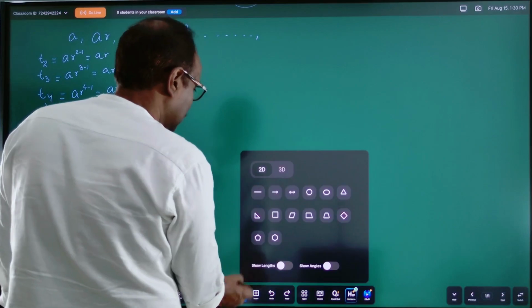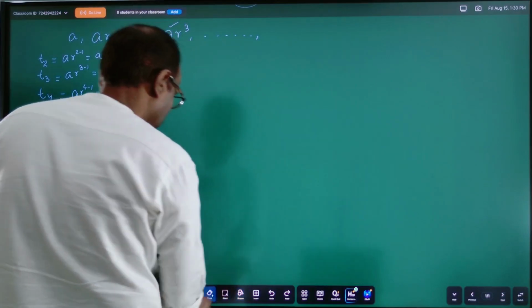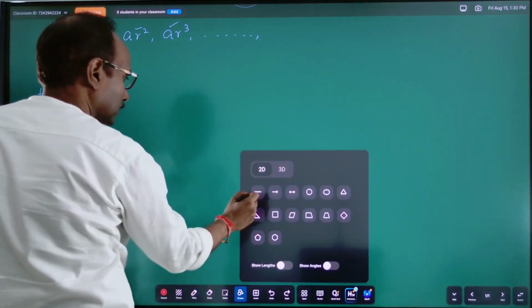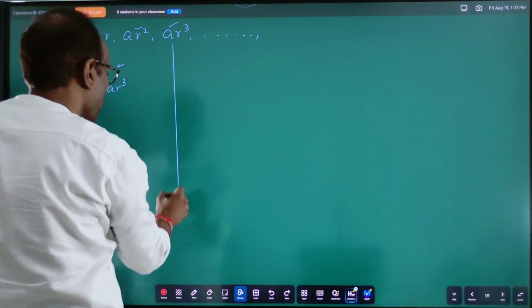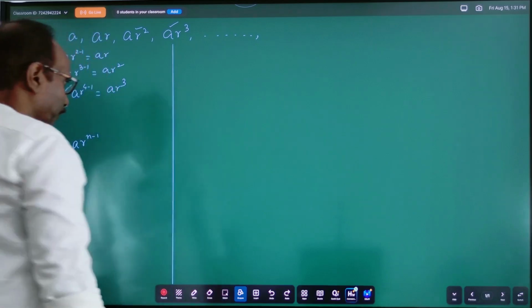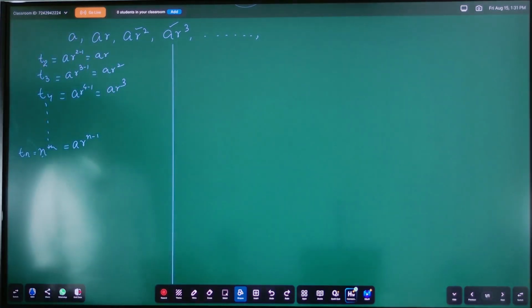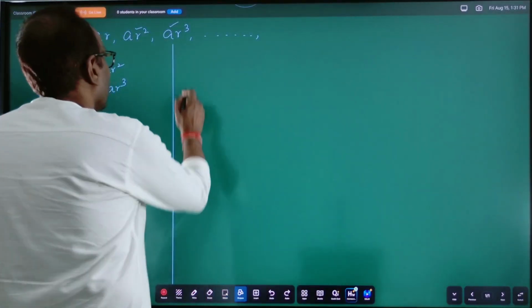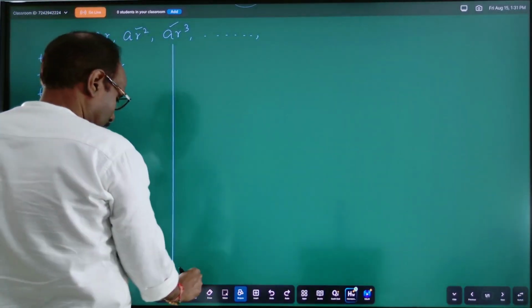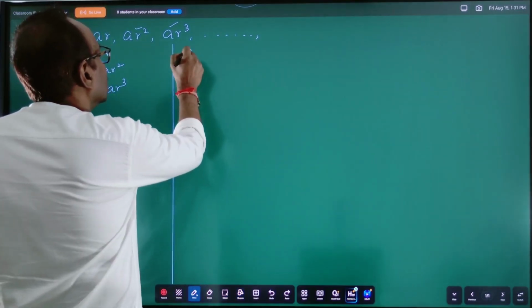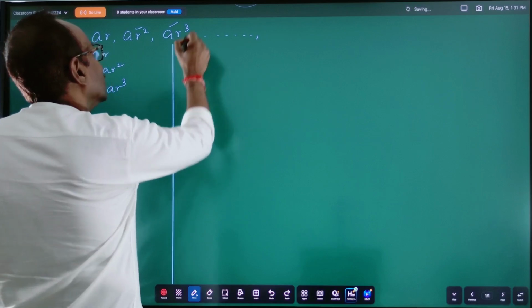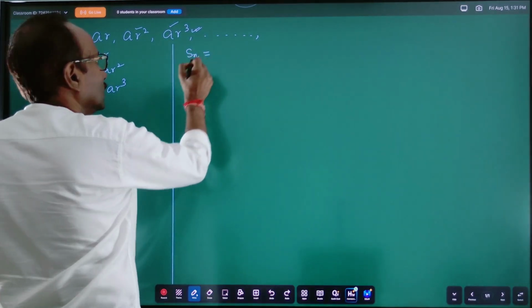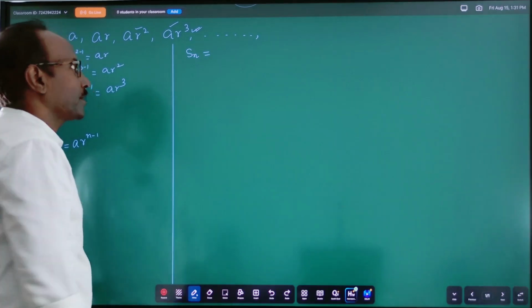Now let's go for digging into how these terms can be summed up. Let's say the sum of n terms of a GP series like this is S subscript n.